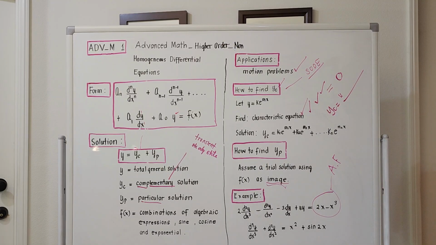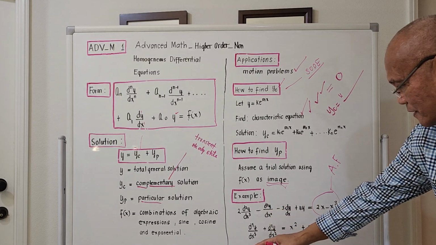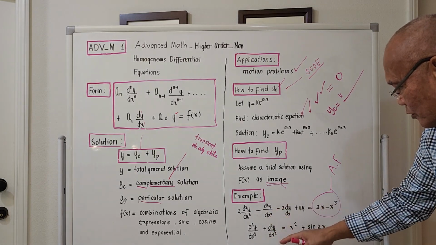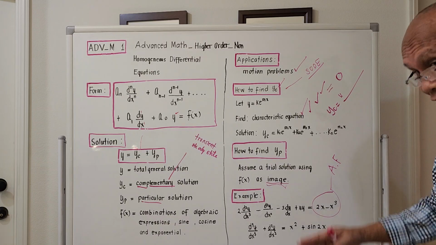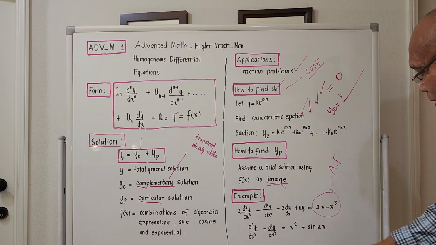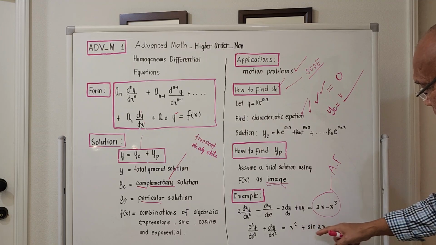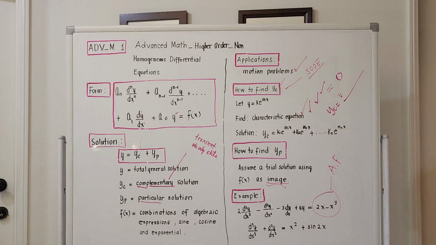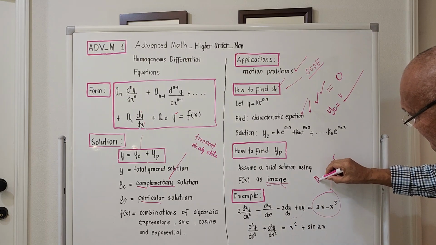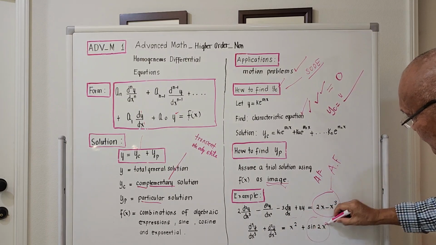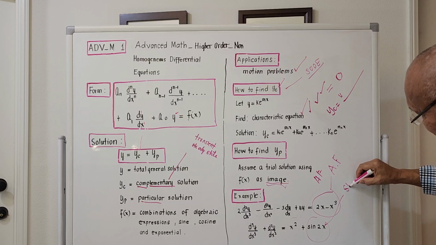And a second example, d cubed y over dx cubed plus d squared y over dx squared equals x squared plus sine of 2x. This is just an example of a non-homogeneous higher order differential equation. The first one is an algebraic function, and the second one is a sine function.